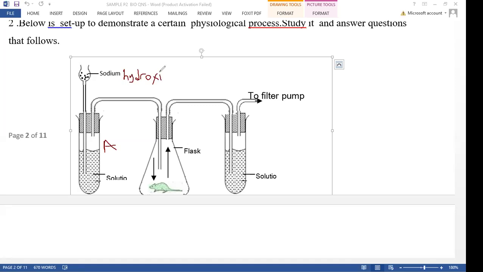The solution down there is calcium hydroxide, and above that is sodium hydroxide. Sodium hydroxide absorbs carbon dioxide. Calcium hydroxide tests for the presence of carbon dioxide. So it confirms that no carbon dioxide moved into the solution.